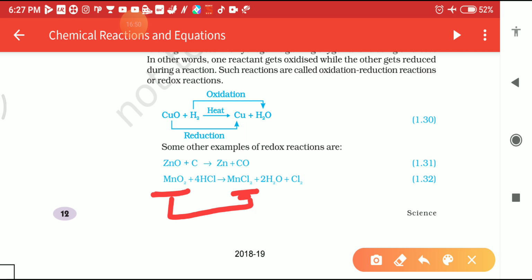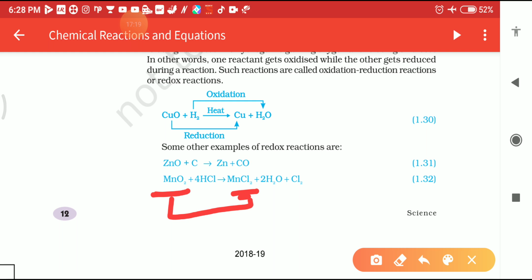If manganese is losing oxygen to form manganese dichloride, manganese dioxide is being reduced to manganese dichloride. Then we can say that manganese is losing the oxygen.